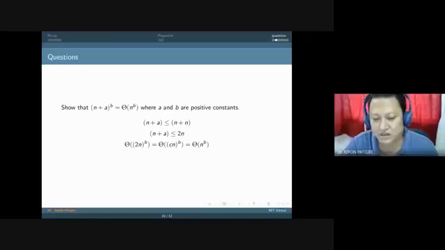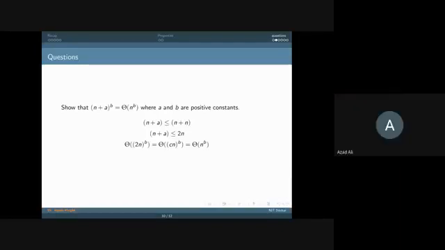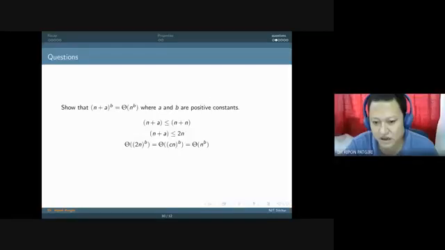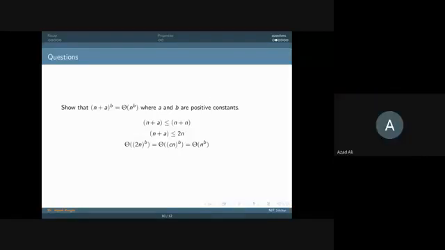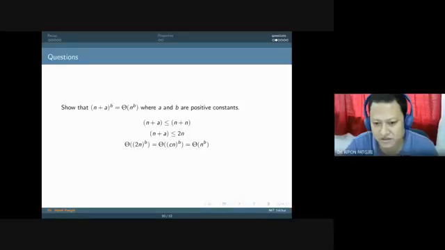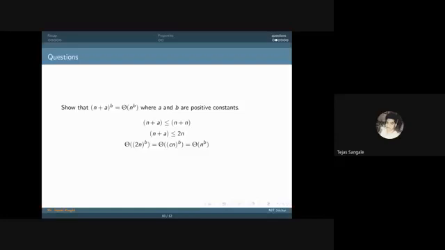Does that mean if we have two consecutive nested for loops, the complexity will be n to the power 2? So we can consider it as n square, right?